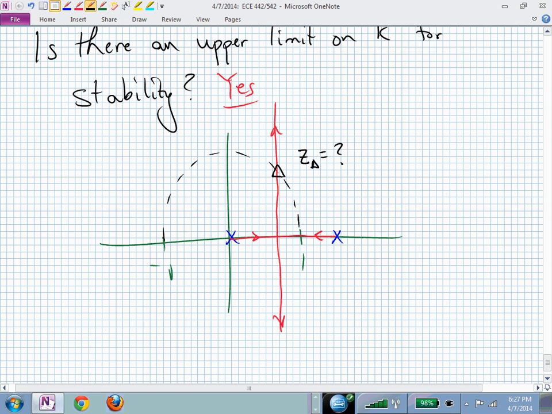Z delta. Do we know anything about Z delta? It's 3/4, isn't it? So we know that this is 3/4 plus jY. We don't know what Y is, but we do know the real part.